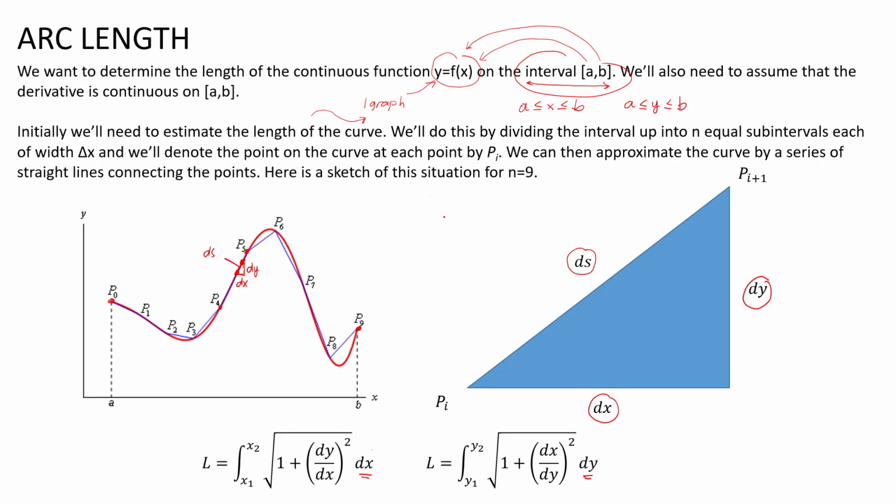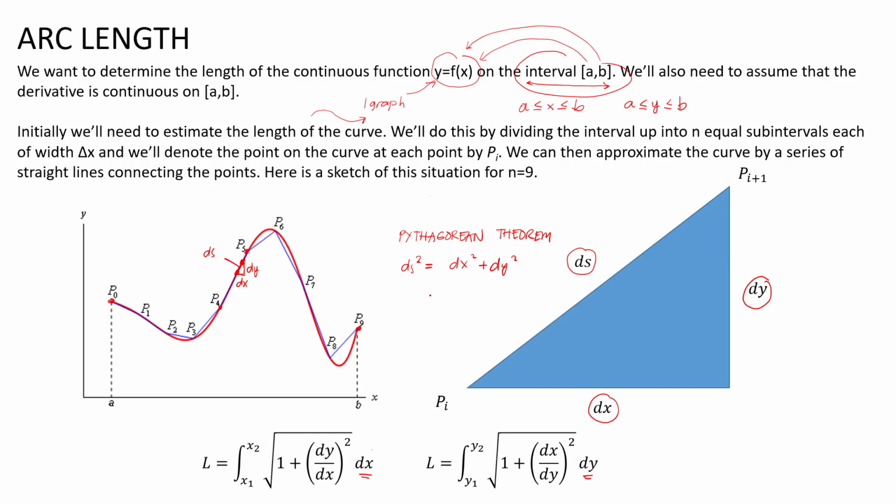So the formula was derived using the Pythagorean theorem. Since we are not really interested in the derivation aspect, the theorem used here is the Pythagorean theorem in deriving the equation. As you can see here, it is squared, then square root. So probably it became L squared, coming from ds squared is equal to dx squared plus dy squared.